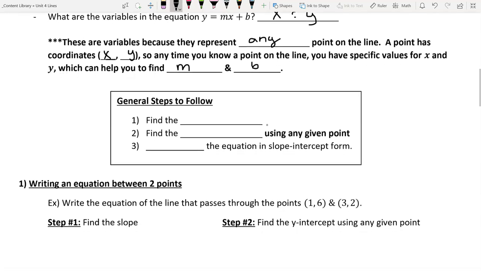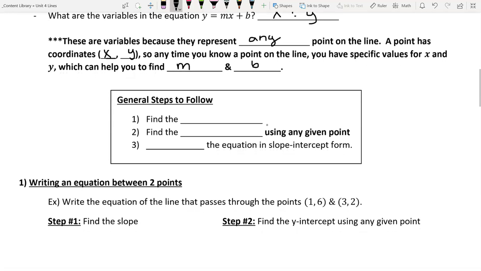But our general steps, okay, our general steps are to find our m, find our slope, and find your y-intercept, or b. And that is, highlight this or something to draw attention to it, that is when you are going to use any point. So we're going to use maybe an x and a y to find b, okay?